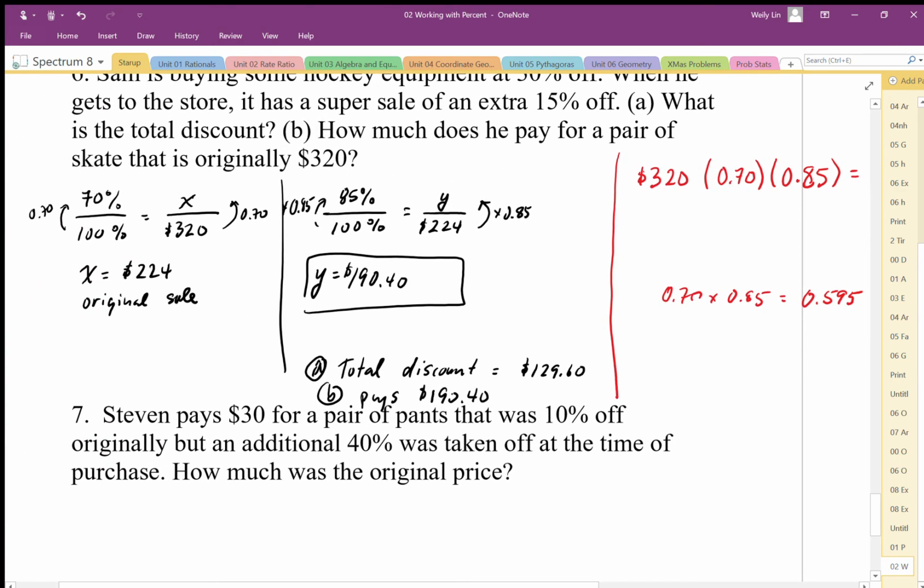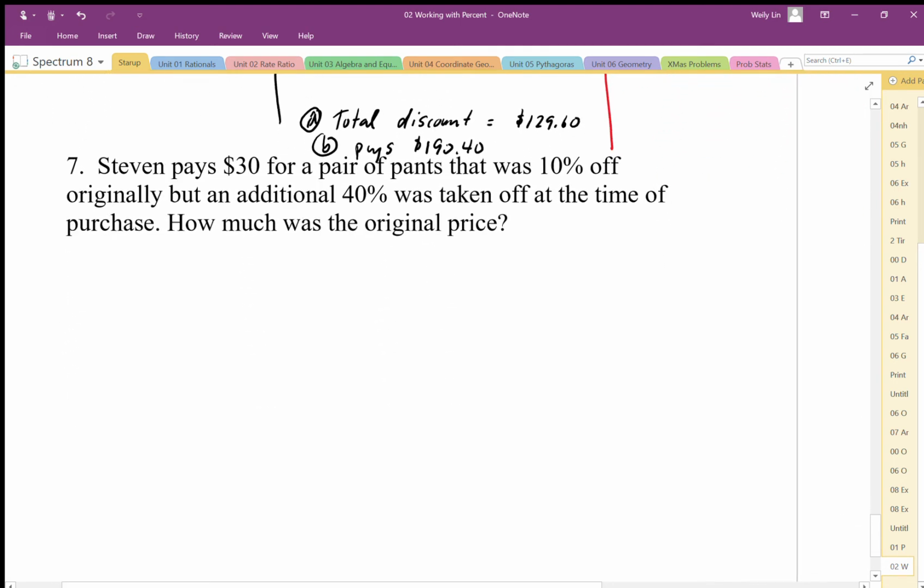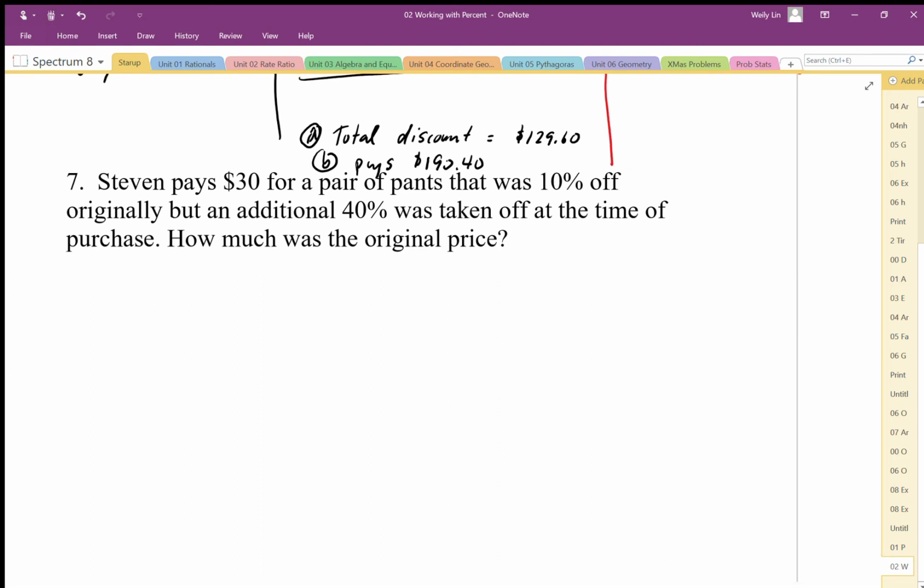Let's do another one. I'm still going to do this the more efficient way of multiplying. Stephen pays $30 for a pair of pants that was 10% off originally, but an additional 40% taken off at the time of purchase. How much was the original price?